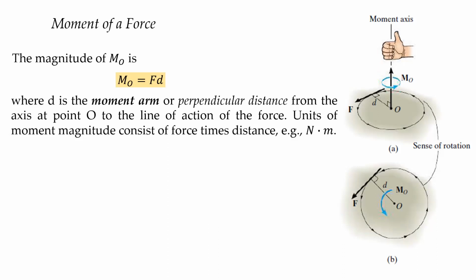But here, the moment arm or perpendicular distance is about the force applied at a specified point. Now, units of moment magnitude consist of force times distance, or Newton meter.